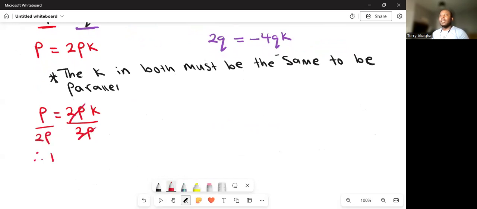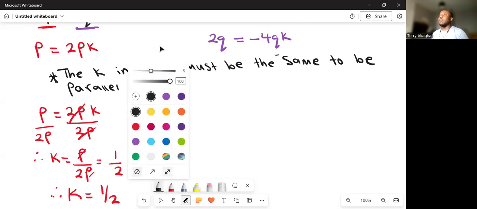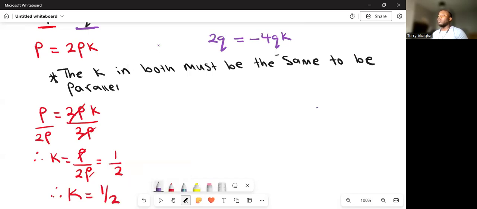So therefore, K must be equal to P over 2P. And P will cancel this. We'll give you 1 over 2. So in this part here, K is equal to 1 over 2.